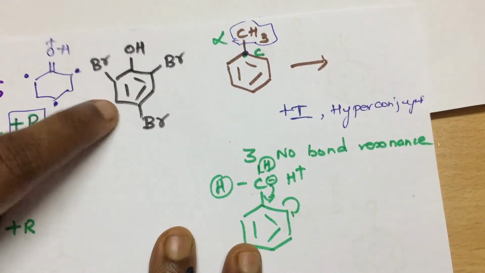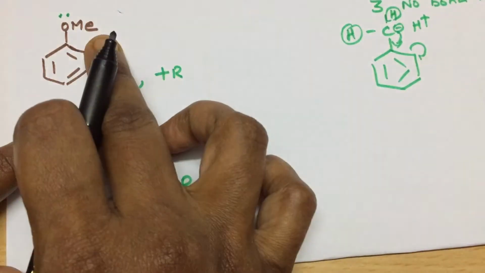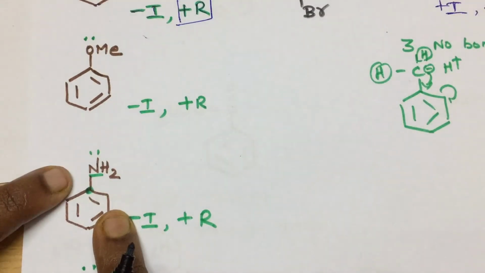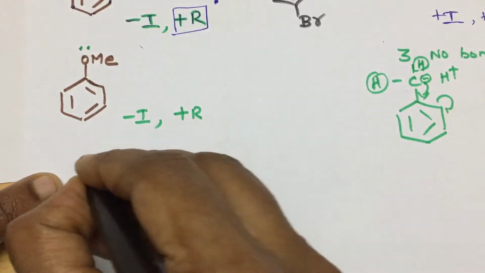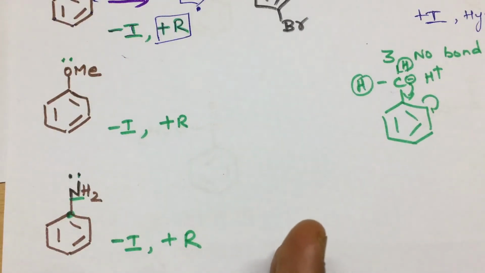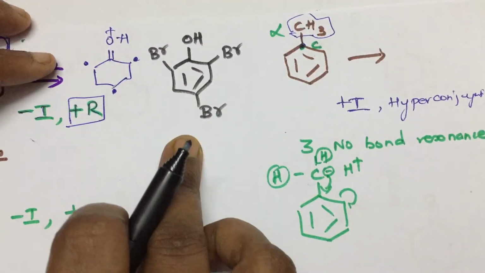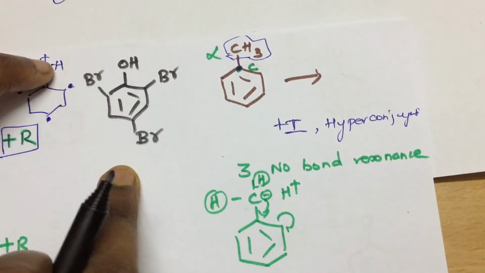This happens only in the case of phenol, anisole and aniline. They are very much electron rich, they will supply electrons so abundantly. It is an ortho para directing group, but all the positions will get substituted.